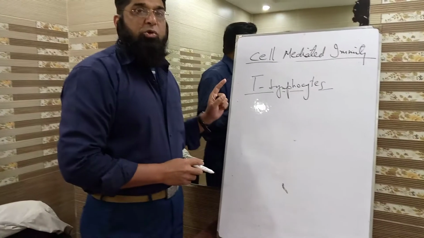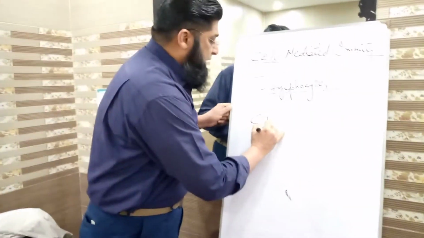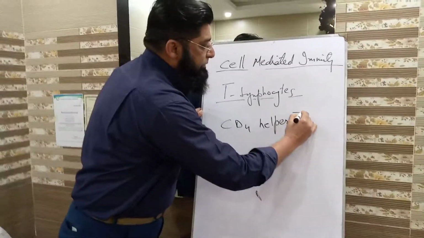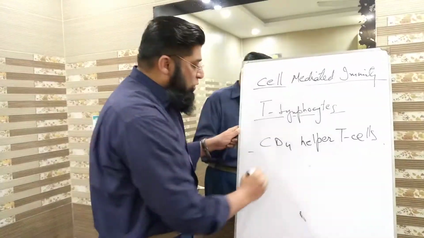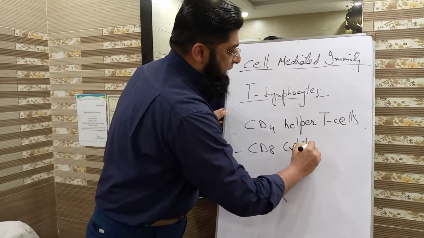There are two subtypes of T lymphocytes. Number one, CD4 helper T cells, and number two, CD8 cytotoxic T cells.